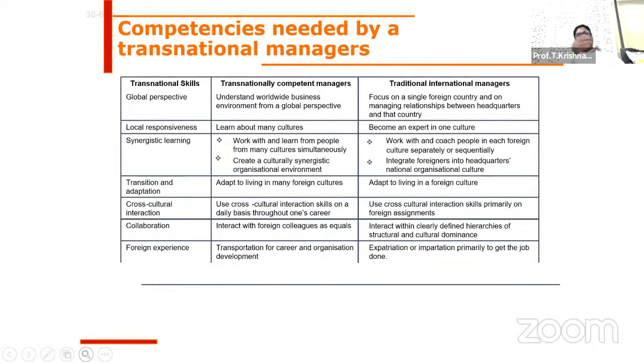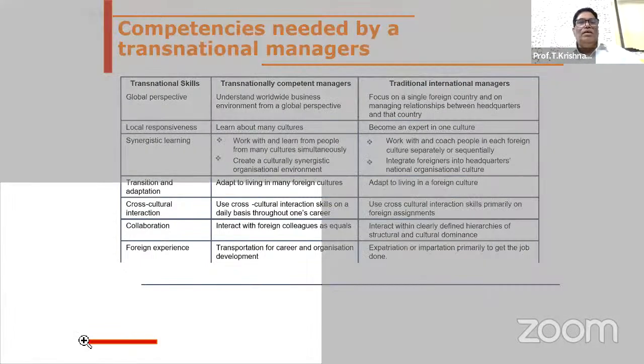Then we started discussing that these companies have a lot of complexities, and to manage these complexities as managers, we need to have a lot of competencies. I think some of these things I'm trying to emphasize.